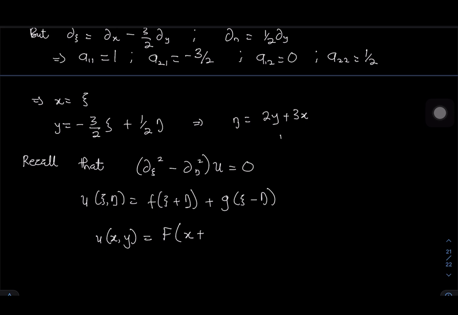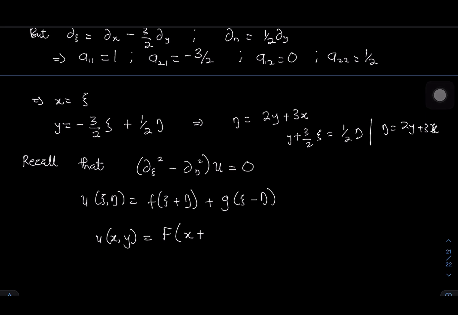If you want to know why I'm saying it's 2y plus 3x, this is why. Let me just simplify. We're going to have y plus 3 over 2 xi equals 1 over 2 eta. Then you're going to realize that eta is going to be 2y plus 3 xi. But we already know that xi is x.